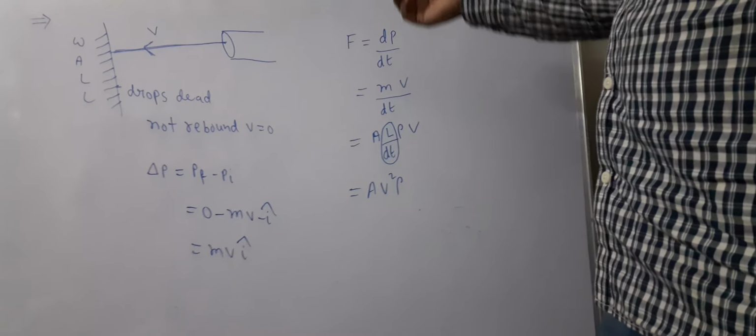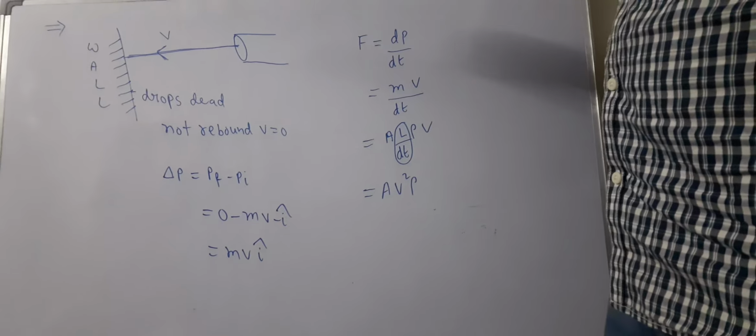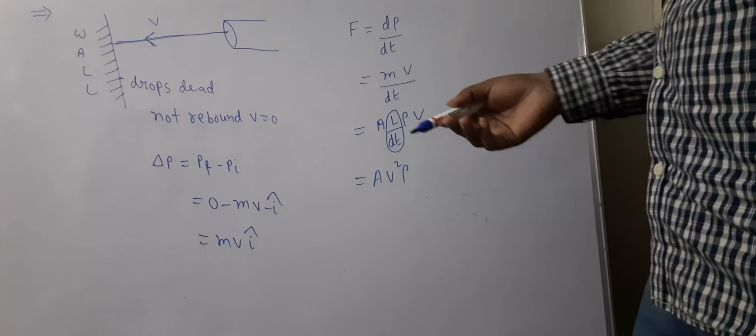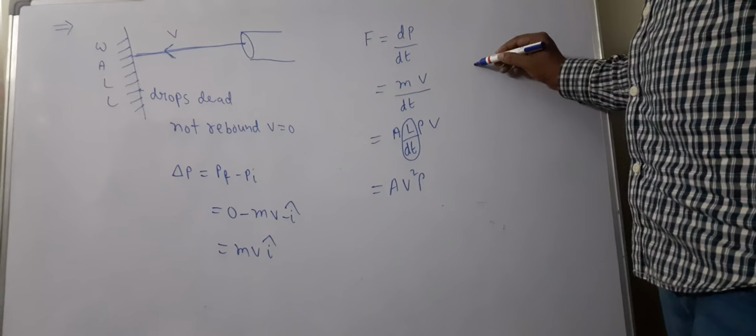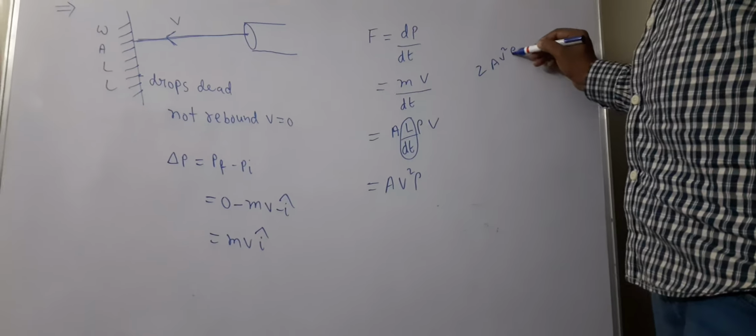In the previous situation, the water rebounds with the same speed, and the force exerted by the water on the wall is 2 A v squared rho.